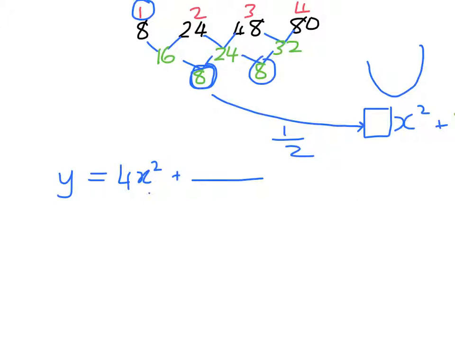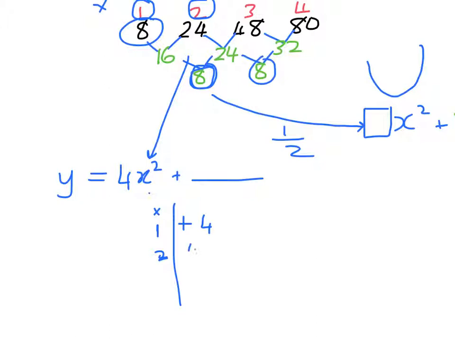I get to 4, but my first term here is 8, so I need to add 4 there. When x is 2, I put 2 in as x. 2 twos are 4, 4 times 4 is 16, but I've got 24 here. So I have to add 8.